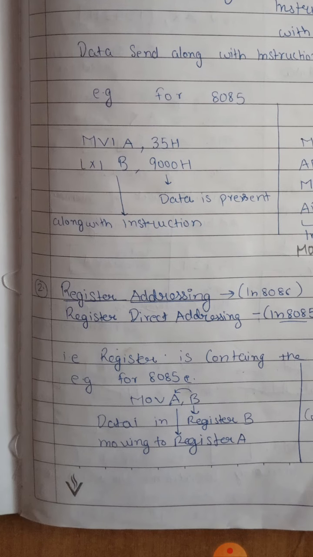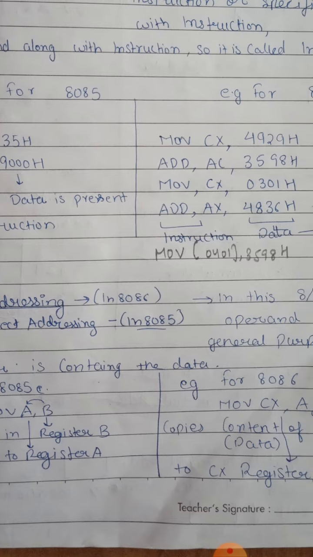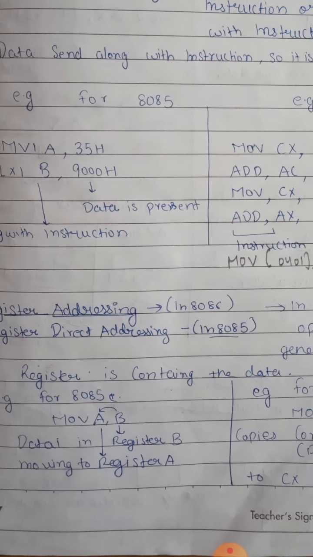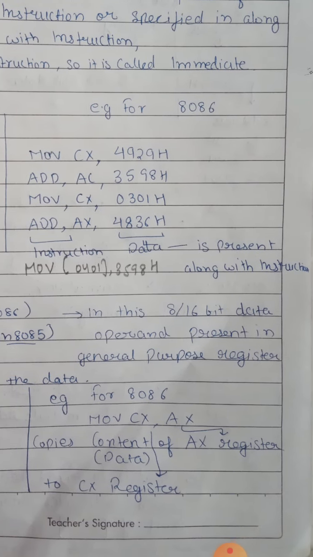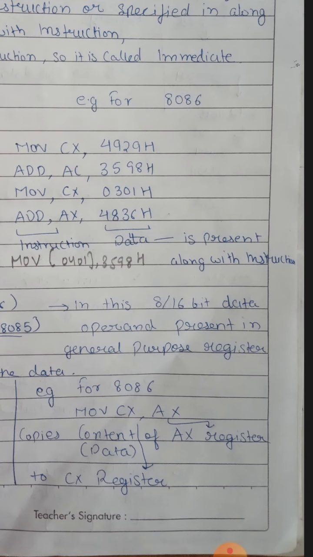Now we will move to the second, register addressing mode. In this, 8-bit or 16-bit data or operand is present in a general purpose register.